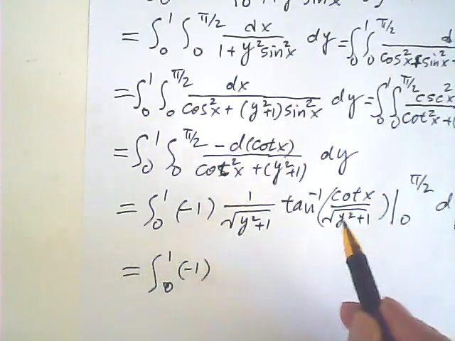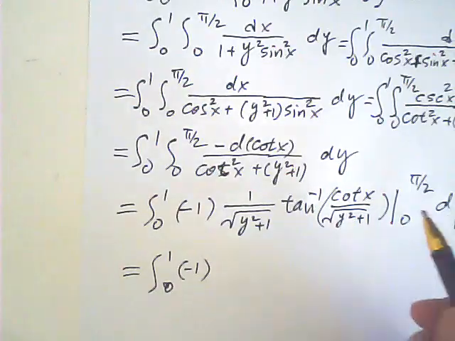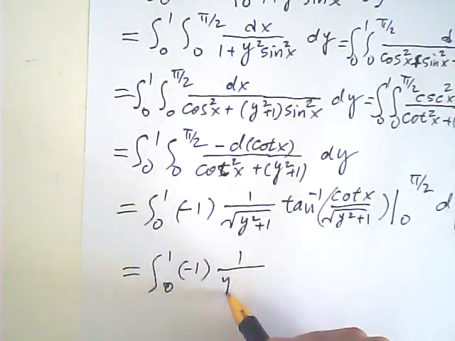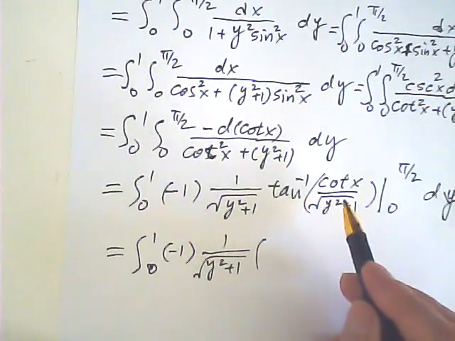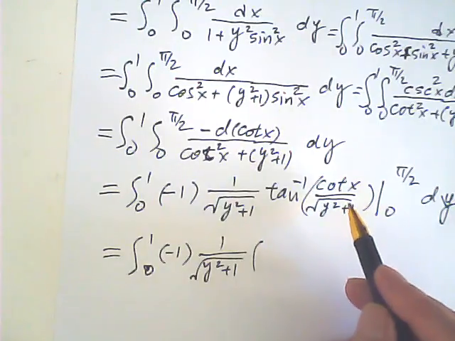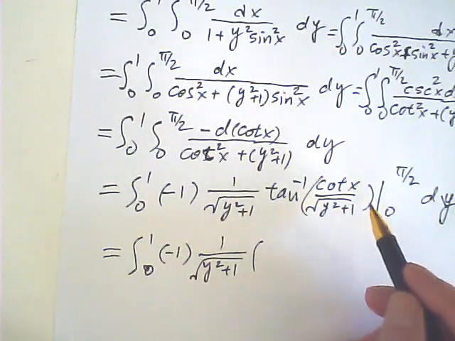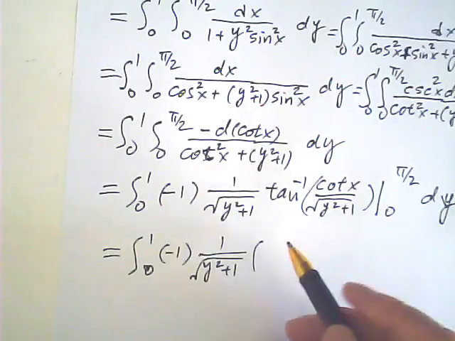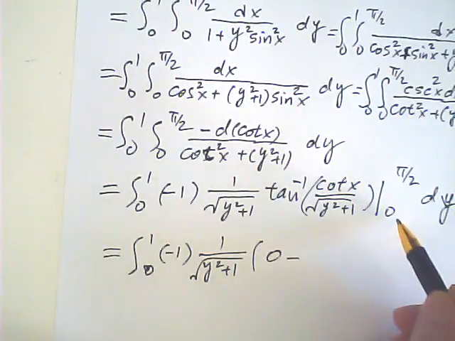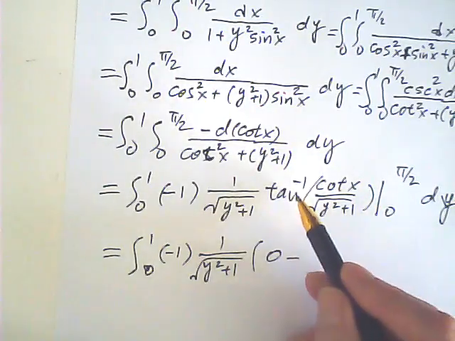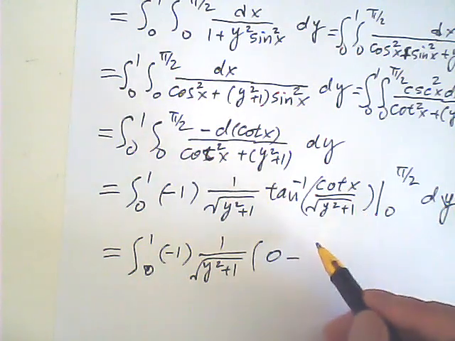Now this one is equal to negative. Now cotangent of half pi is 0, right? So arctangent of 0 is 0. Cotangent of 0 is infinity. Infinity for the arctangent is half pi.